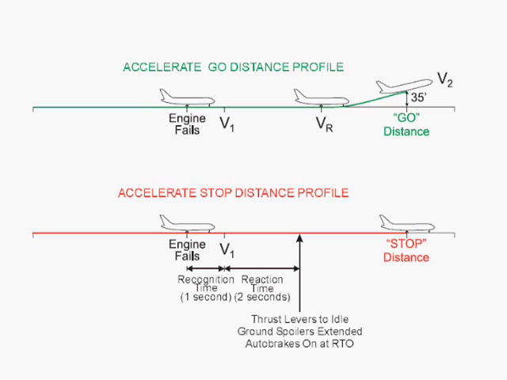These actions are retarding the thrust levers to idle, verifying that the ground spoilers have automatically extended, and that the auto brakes have activated at the rejected takeoff setting. The distance from the beginning of the takeoff roll until the aircraft reaches a complete stop is the accelerate stop distance. We will now use computer simulation to see how the stop and go distances are related.